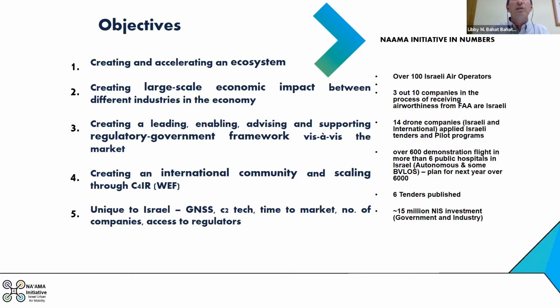And something that's unique to Israel in our objectives is our unique GNSS environment that has a lot of interference, and our very good C2 technology. Time to market is small because of the number of companies, because of our access, the direct relationship between us and the companies. Again, an advantage of a small market.